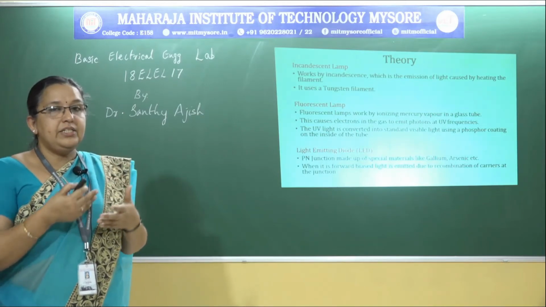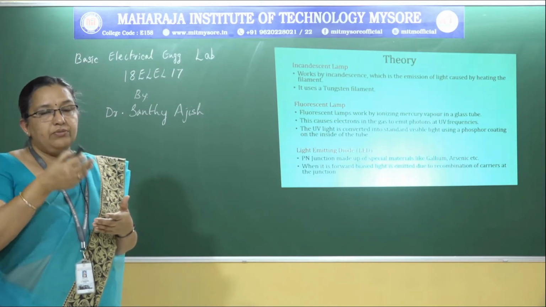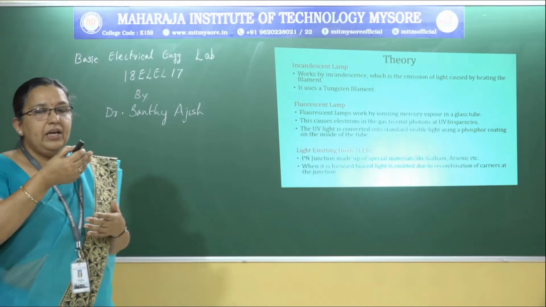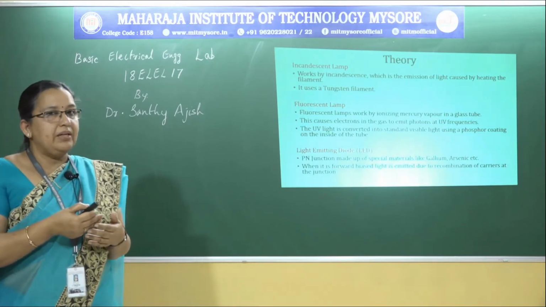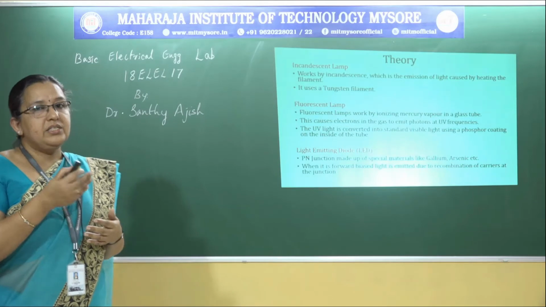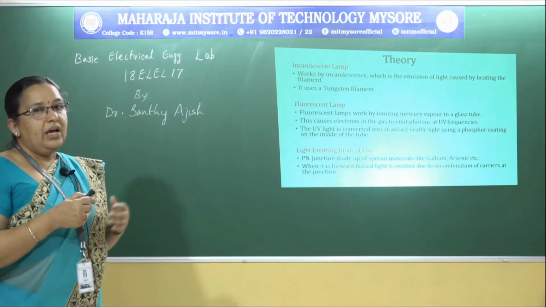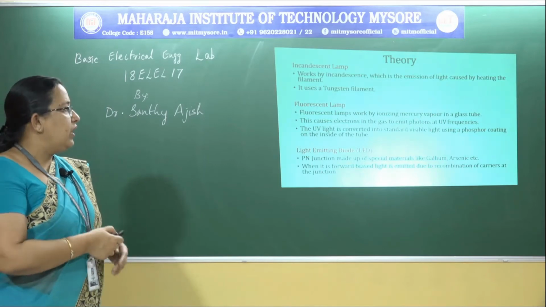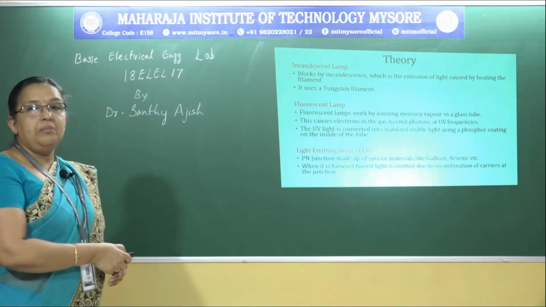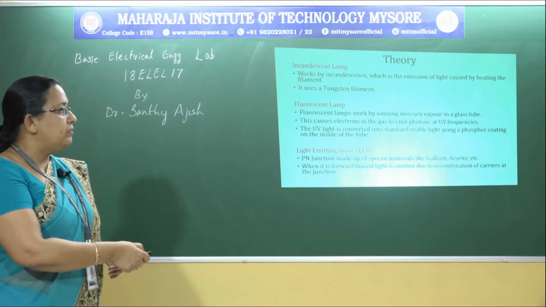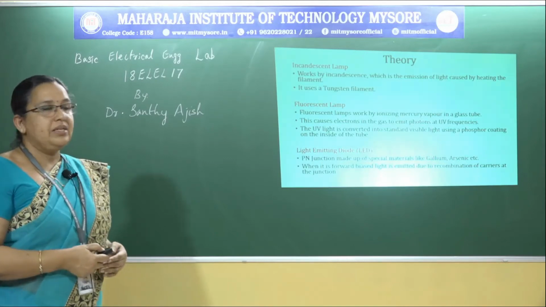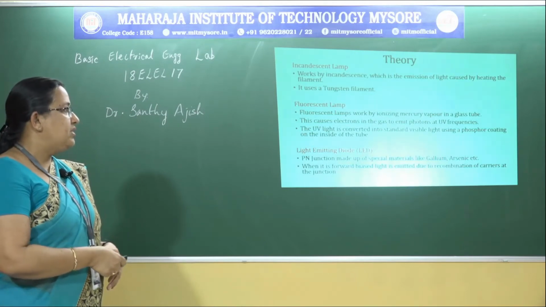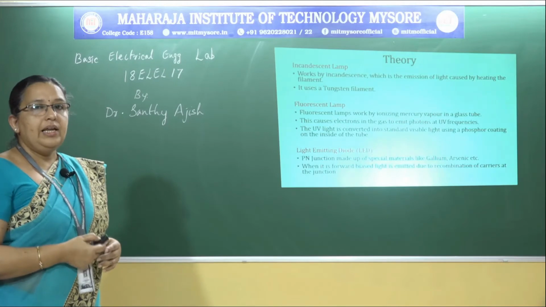The energy Eg, the forbidden gap energy, when the electrons fall from the conduction band to the valence band, the energy is liberated. That energy is liberated as a photon, which produces light. But of course it won't happen in silicon, germanium and so on; we have to use typical materials such as gallium, arsenic, etc. to get this particular light produced. So that is the working principle of an LED.